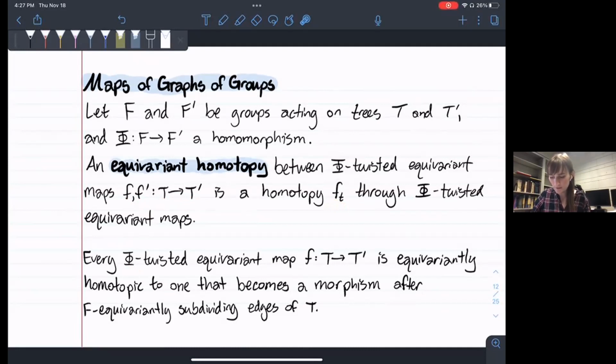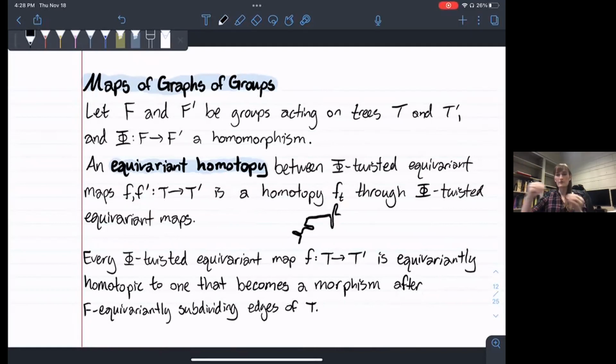One thing that might not be true about the map f, as you start with it, is it might not send vertices to vertices. But I can just wiggle things by an equivariant homotopy so that now it does send vertices to vertices. So that's fine. And then maybe it doesn't send edges over edge paths. Maybe it does something silly. Like maybe it sends an edge over just a teeny bit of an edge and then it backtracks, and then just another teeny bit of another edge, and then it backtracks, and then a genuine other edge, and then a little backtracking.